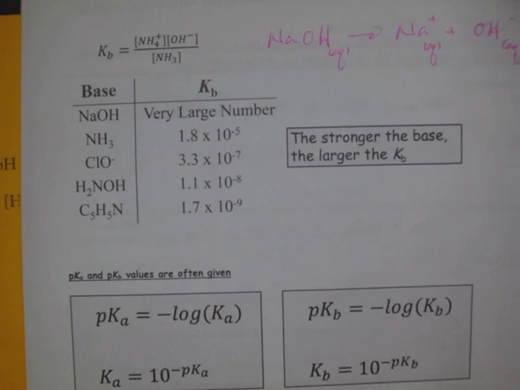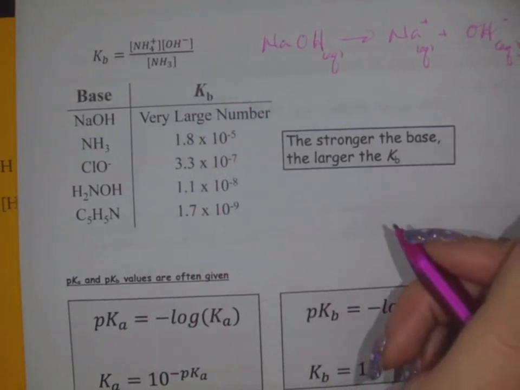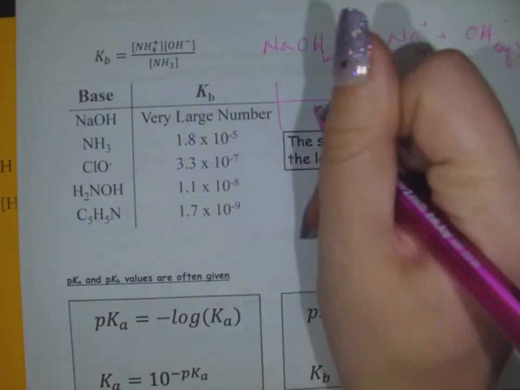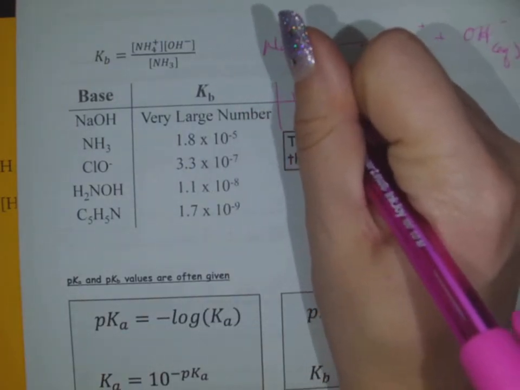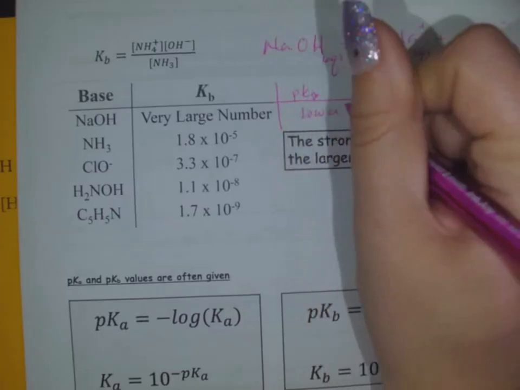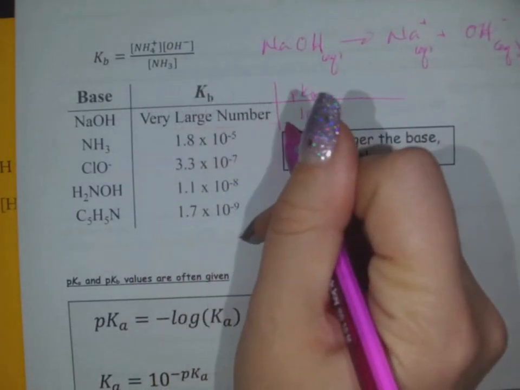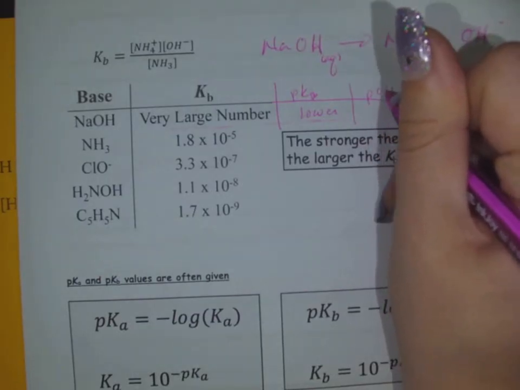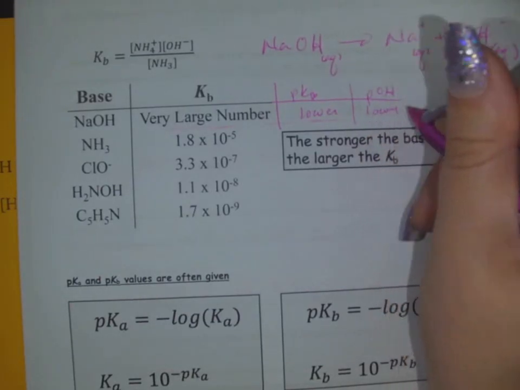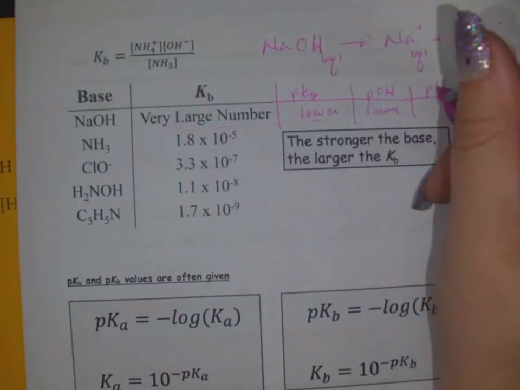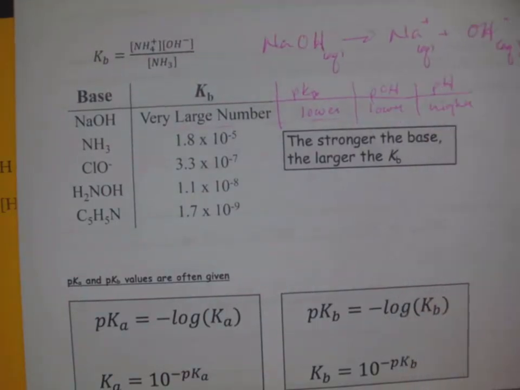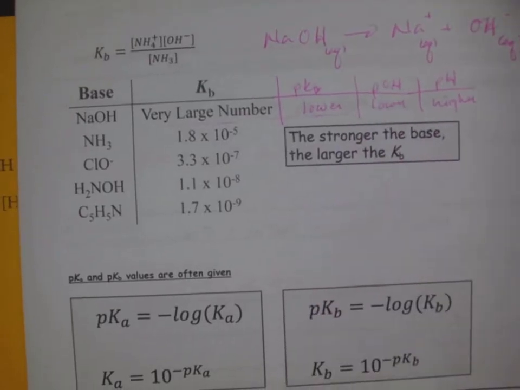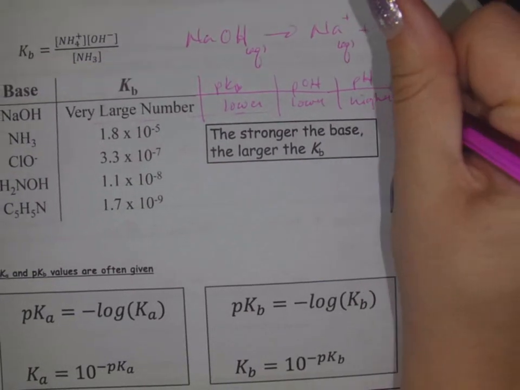You could have that same idea we talked about before: if we have a large Kb, the pKb would be lower, and then our pOH would be lower, and our pH would actually be higher. The lower the pOH, the higher the pH, and that is a stronger base.